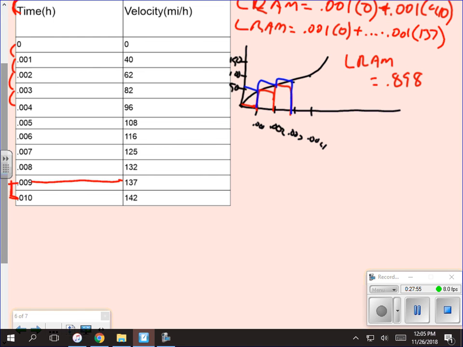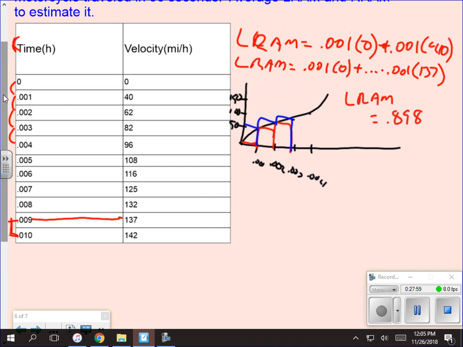Okay. So on my first rectangle, when I'm doing my RRAM, 0.001 times my first height. When I'm doing RRAM, I go up the right-hand side of my rectangle. So that would be 40. And my last one, because it's the same width, I go up the left-hand side.